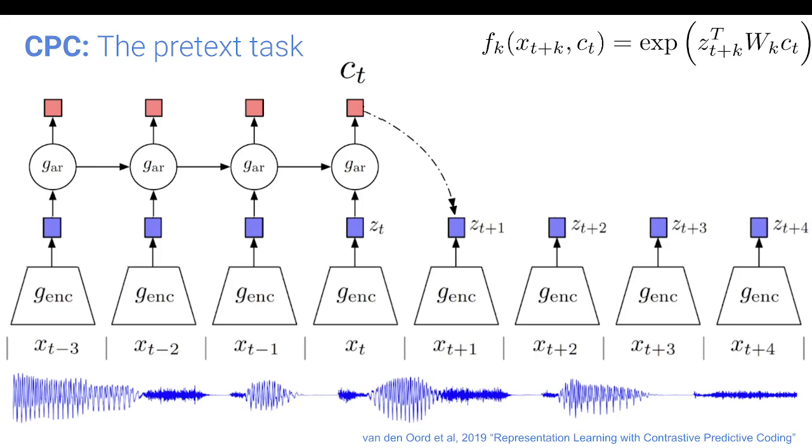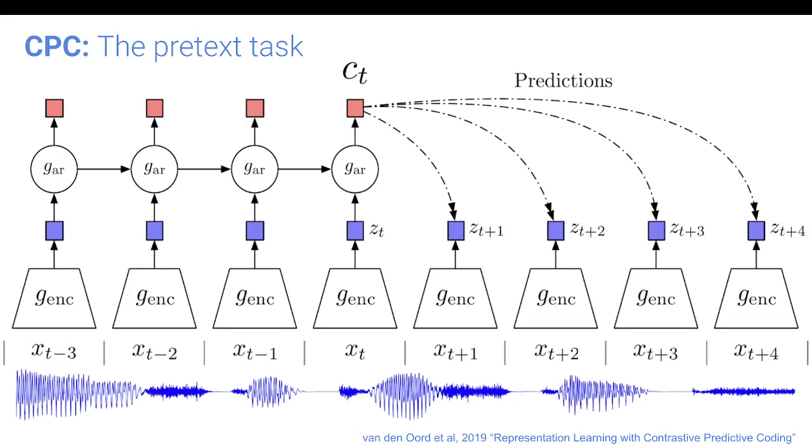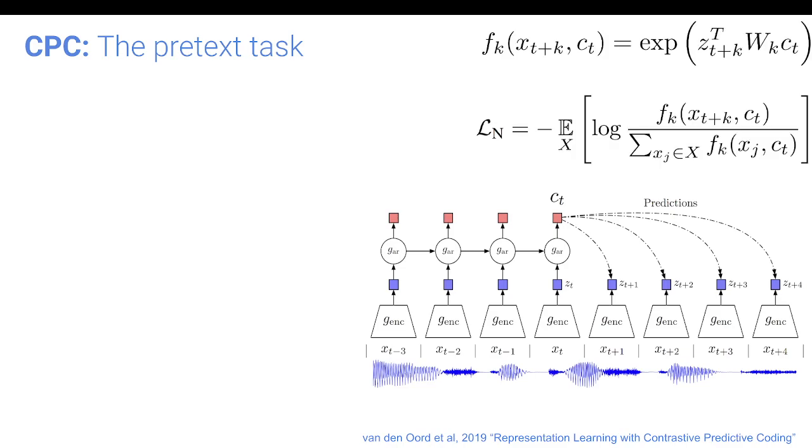For example, in this picture, we can have multiple different positives, all of them in close proximity to the CT at time t. So this is the idea of the InfoNCE loss.